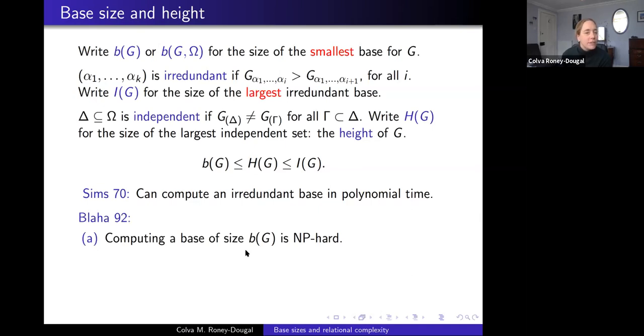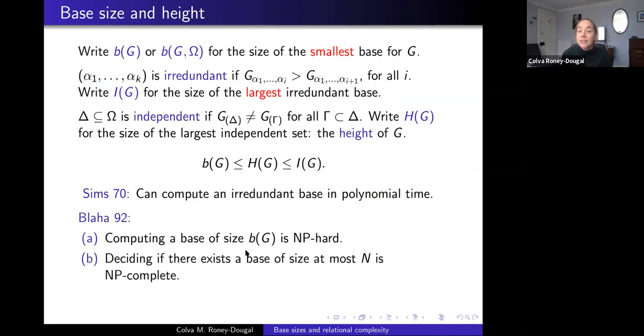And then there's a lovely short paper by Blaha from 1992, where he showed that computing a base of minimal size is NP hard. So even verifying that the one you've got is minimal size is not polynomial. Deciding if there exists a base of size at most a given size is NP complete. So these are hard problems.